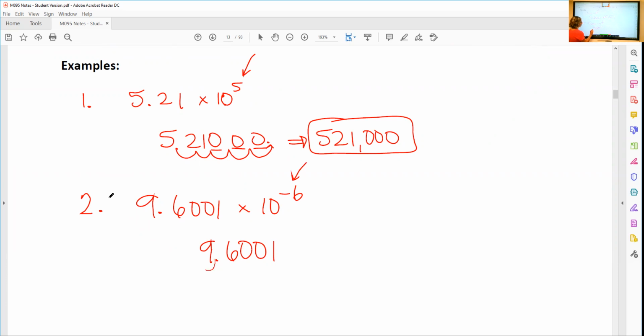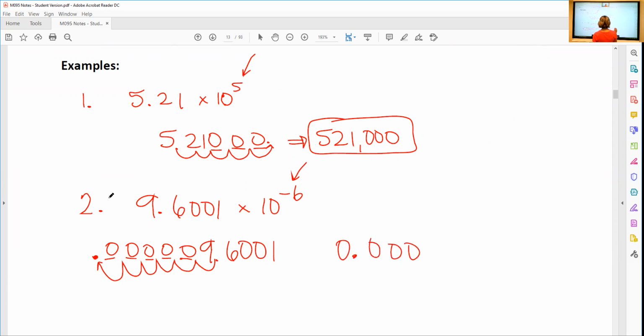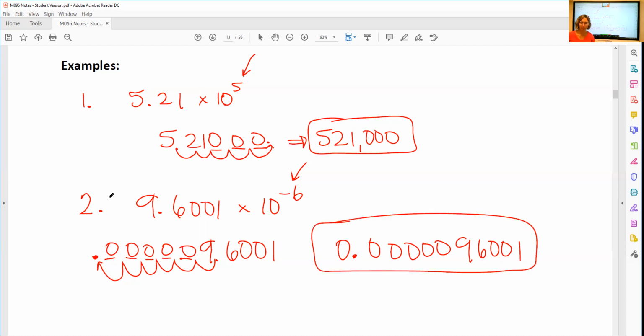So it's going to be 1, 2, 3, 4, 5, 6. The decimal moves way over here. We're filling in zeros for each of these. So we've got 5 zeros. And so your answer ends up being 0.00000960001. And that's your answer.